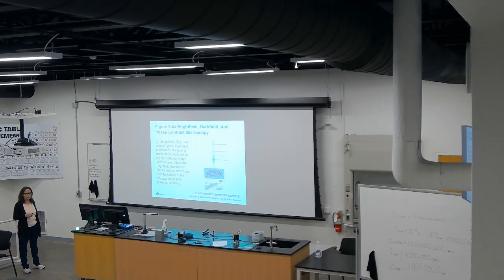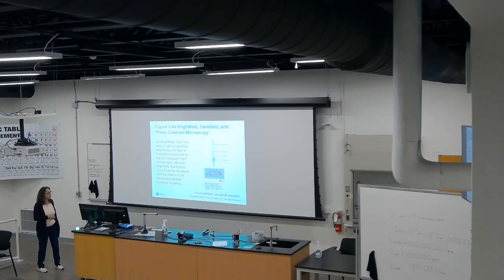This specimen has a natural refraction index that allows you to see part of these details, but not all specimens have this natural refraction index, so you don't see as much of these other specimens.